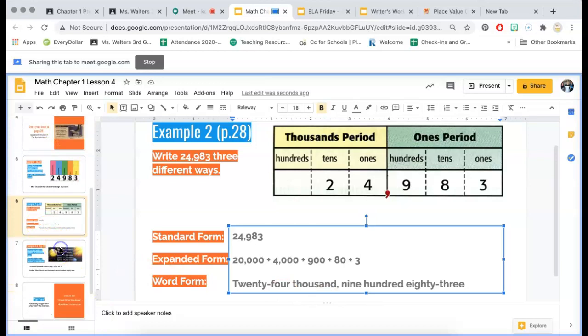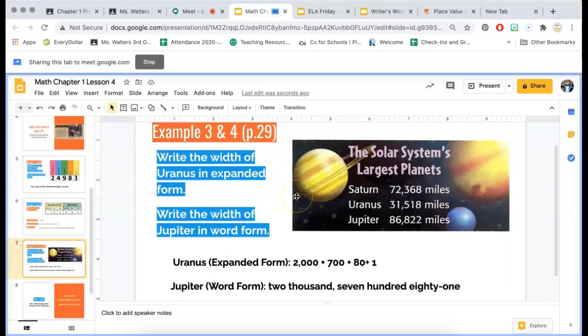Examples 3 and 4 kind of are using the same information here. It says that while studying planets, we're on page 29 at the top, while studying planets, Mario found a chart comparing the width of the 3 largest planets in our solar system.